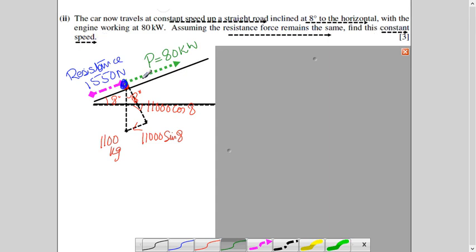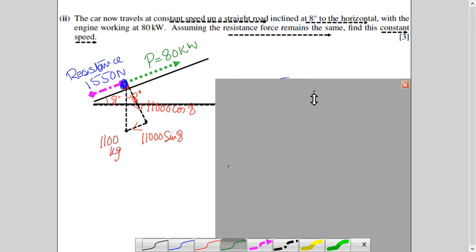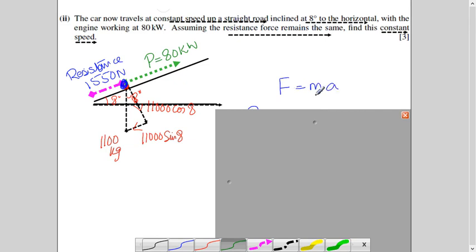Because it is on the ramp, you will resolve the force due to weight perpendicular and parallel to the ramp. We have seen that concept in resolving forces. So this is exactly what is described here in words. Now when we apply Newton's second law of motion, F equals ma, this is my forward force and these two are my backward forces due to resistance and due to weight.